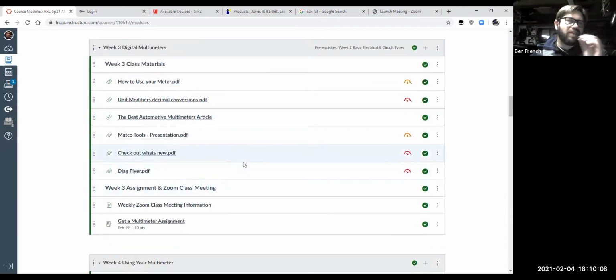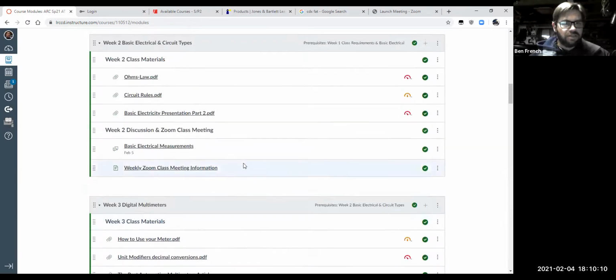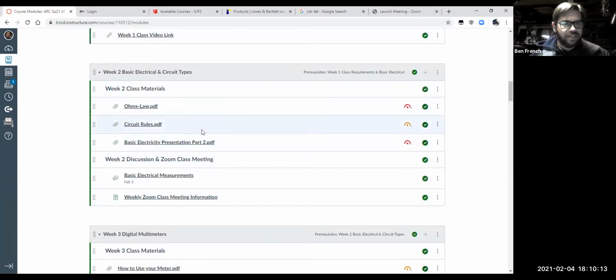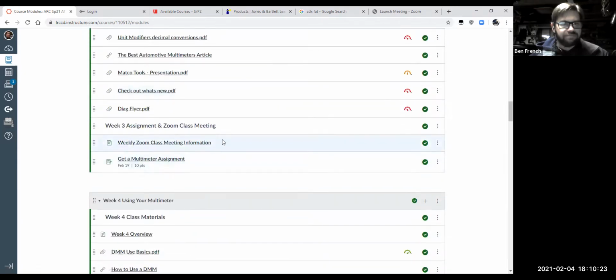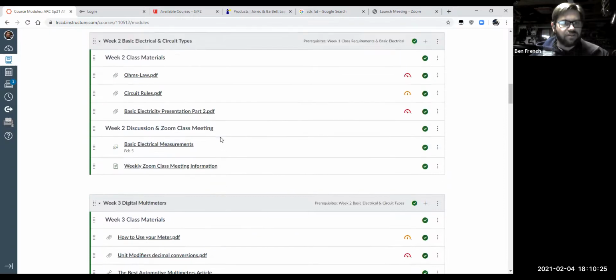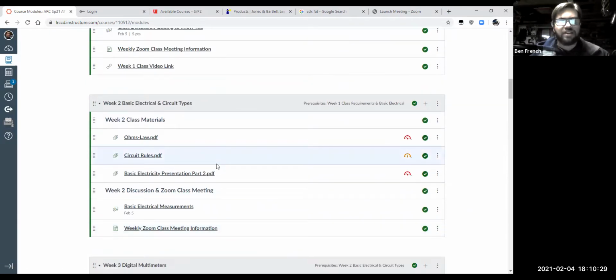We're running maybe just a smidge behind what I had intended, so we're still finishing up this basic electrical measurement material. You can also see the assignments, which are all hot linked right here as well, and our presentations and everything else.